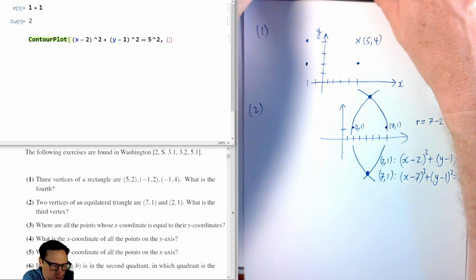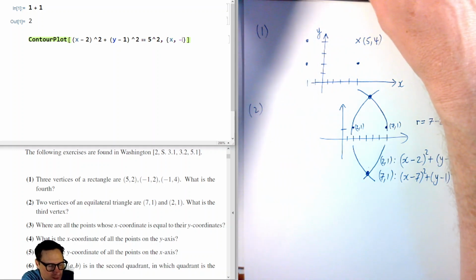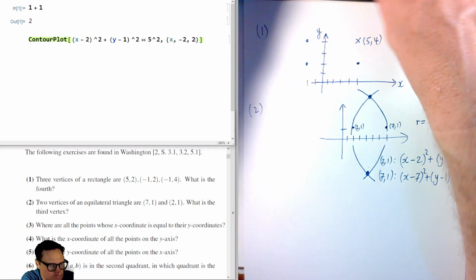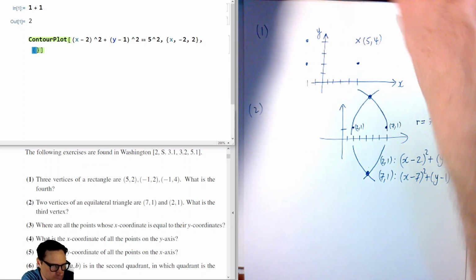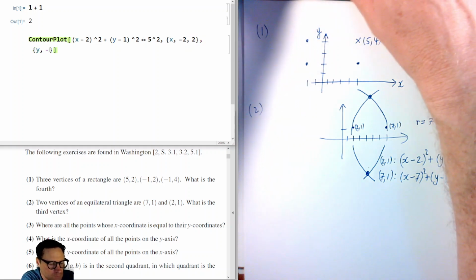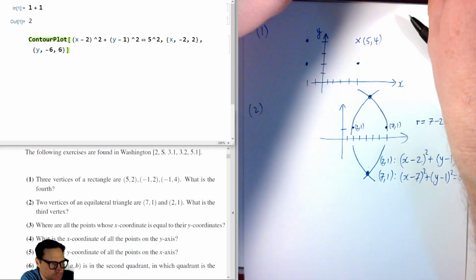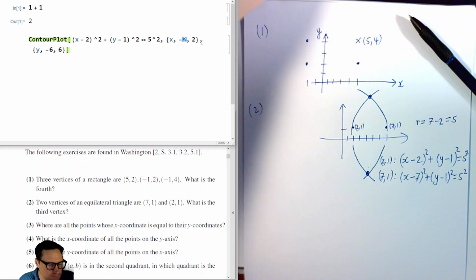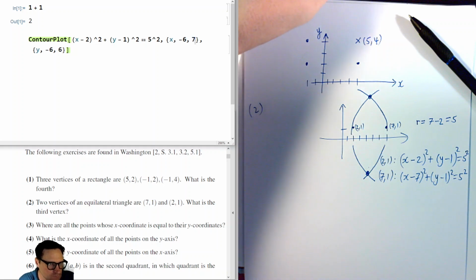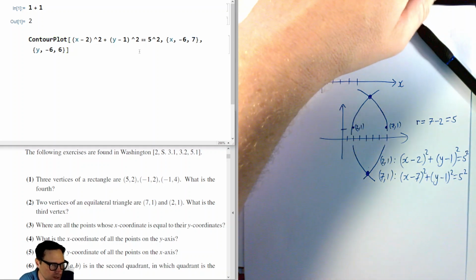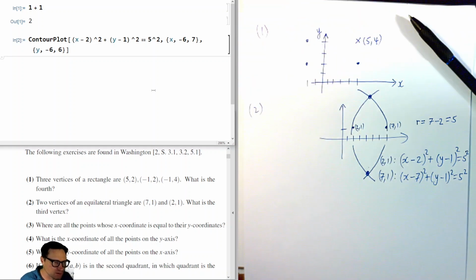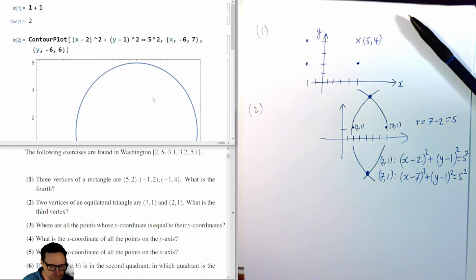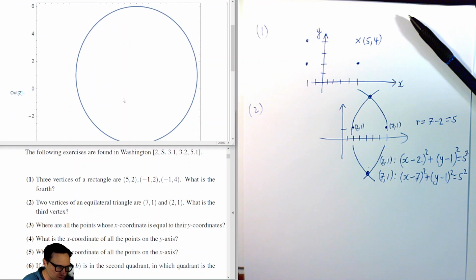And then I need to enter a plot range in both x and y coordinates. I think I need to go a little bit wider here in the x and the y coordinates. Okay, so let's have a look at that circle. Okay, so there we have it.